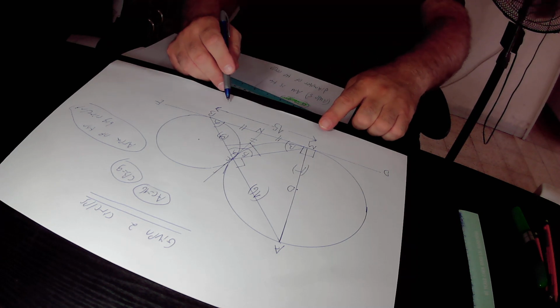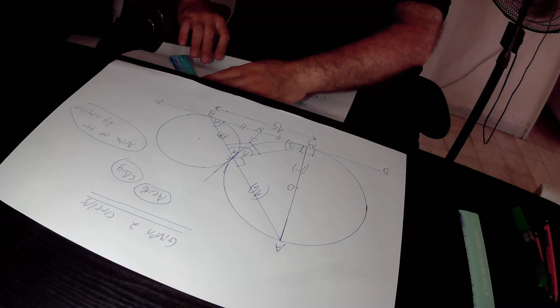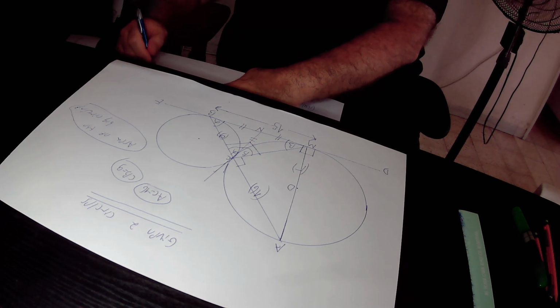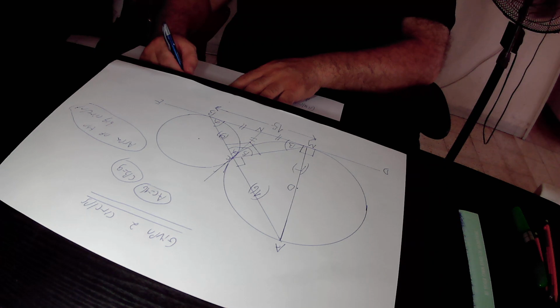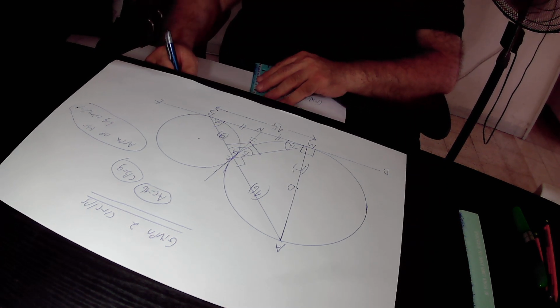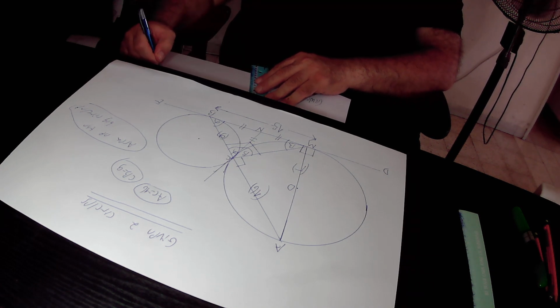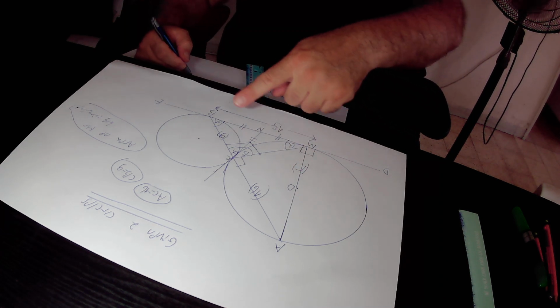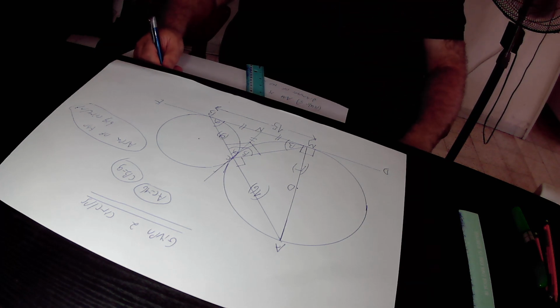According to rule 10, MB equals 15 units in length. The hypotenuse AB in total equals 16 plus 9, that is 25.